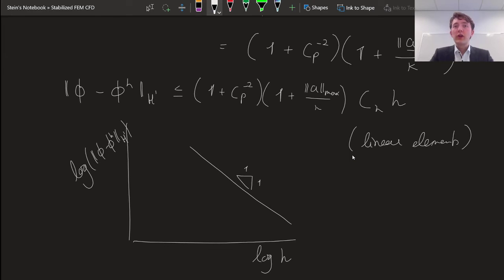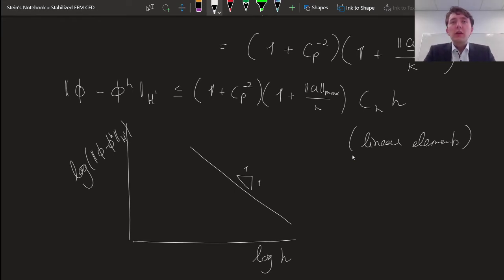If I were to take quadratic basis functions, then I would get h squared, and if I refine my mesh by a factor of 10, then I expect a higher ratio of decrease of my error. So then I get a slope of 2, actually. But right now I'm using linear elements, which means that my error in H1 should be first order with respect to the mesh size, and we get a line with a slope of 1.